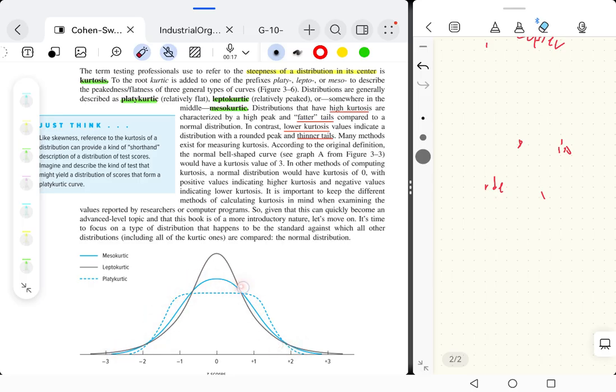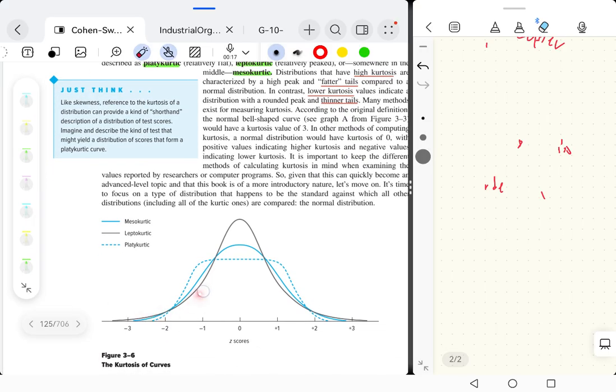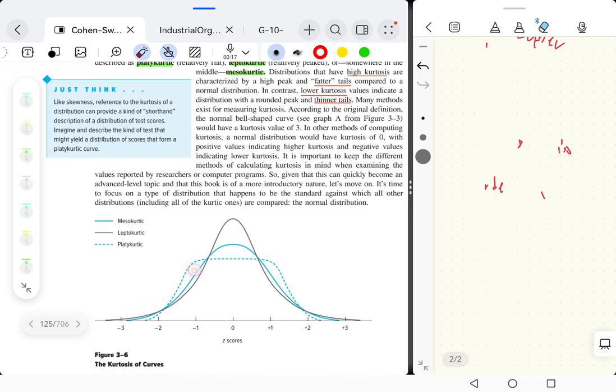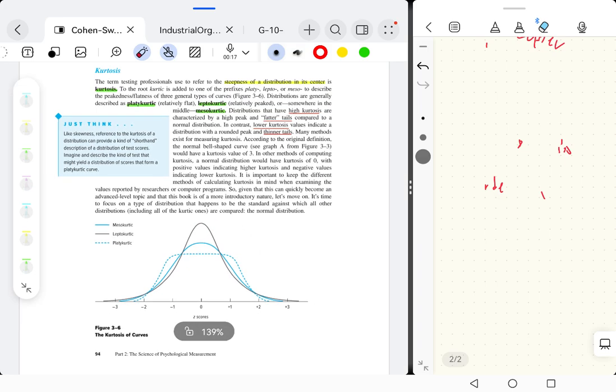This dotted blue line is platykurtic, while this one is leptokurtic. How do you remember the names and what they do? Mesokurtic: meso means middle, so this is what we're trying to achieve. Platykurtic looks like a plateau, so therefore platykurtic. Leptokurtic, I don't know, it's just tall, guys. That's it.